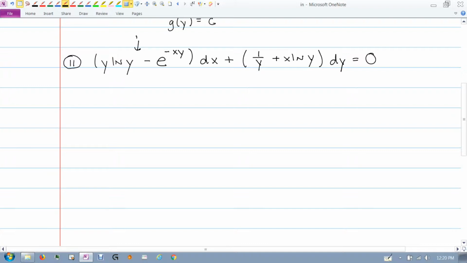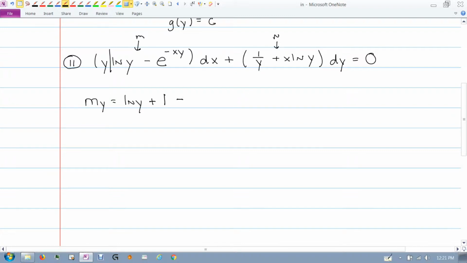So M and N, and we check. Partial of M with respect to y is, well, we've got a product rule right there, so that's going to be natural log y plus the derivative of natural log of y, which is 1 over y, but then times y, you just get 1.